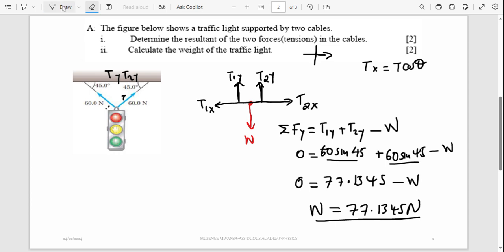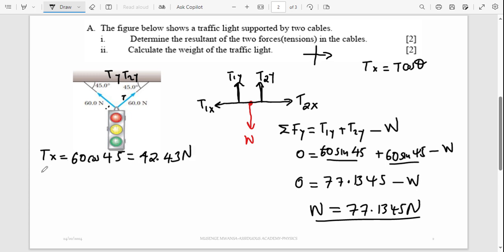We need to find the x component of the two tensions, but the x component of the two tensions is going to be the same. So Tx is going to be T cos theta, and that is 60 cos 45. We punch that in, 60 cosine of 45, that is going to give us 42.43 newtons.